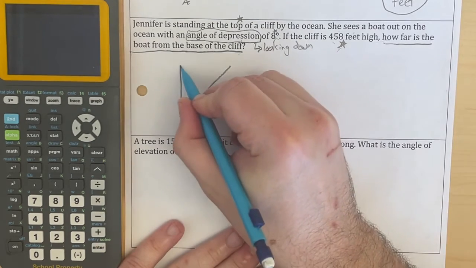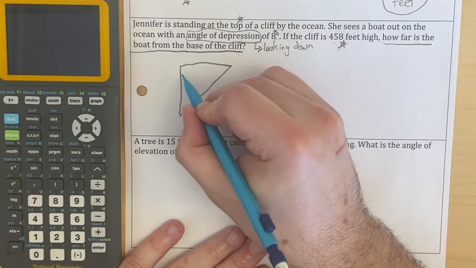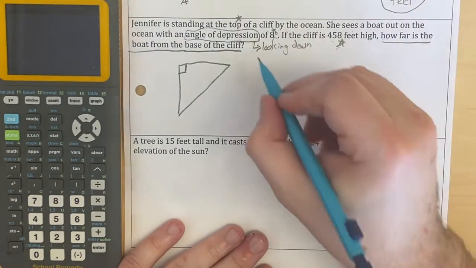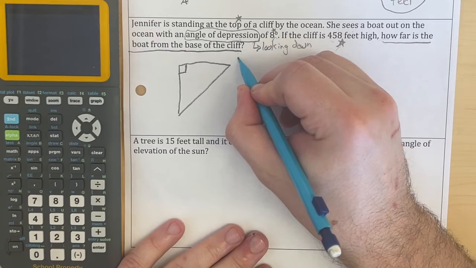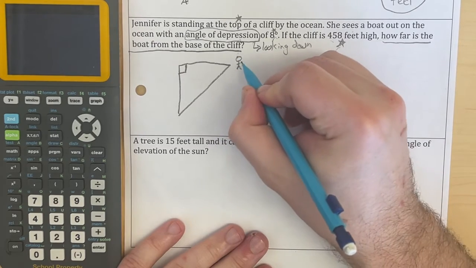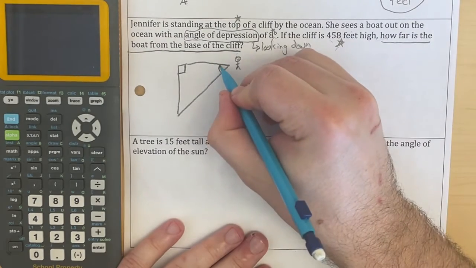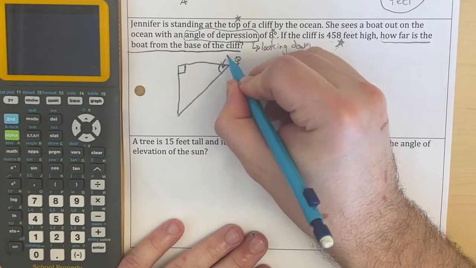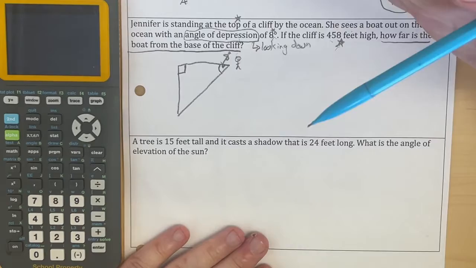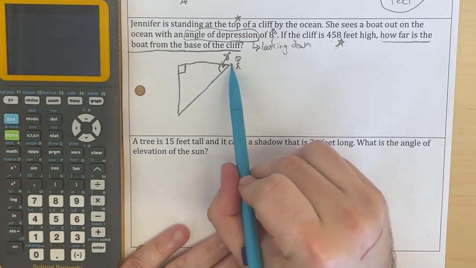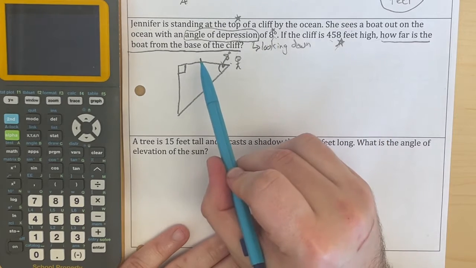Let me draw my right triangle. This is a right triangle. And so we're saying, if this is Yennefer and she's standing on the top here, they're looking down at 8 degrees. So that 8 degrees, they have to be looking at the horizon, but they're looking down.